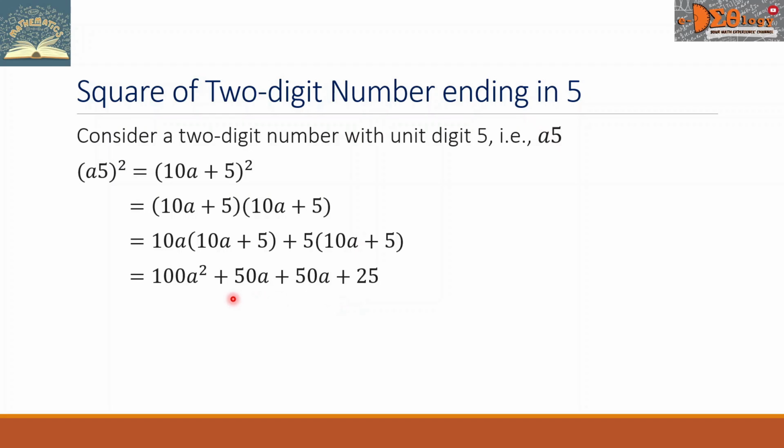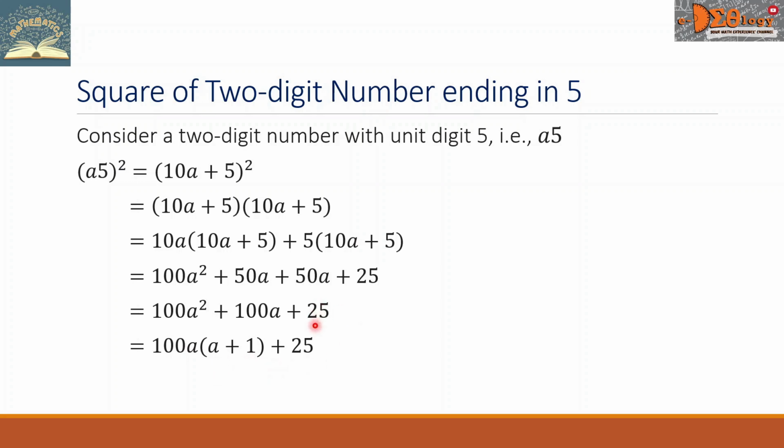We can combine the two terms in the middle. 50a plus 50a is 100a. This first term, 100a squared, is here. Then we copy plus 25 down here. Look at the first two terms. There is a common factor in the two terms, and that is 100a, multiplied by a plus 1.